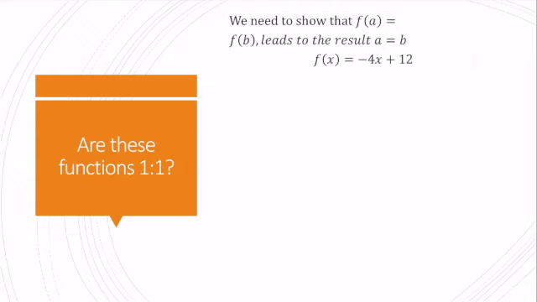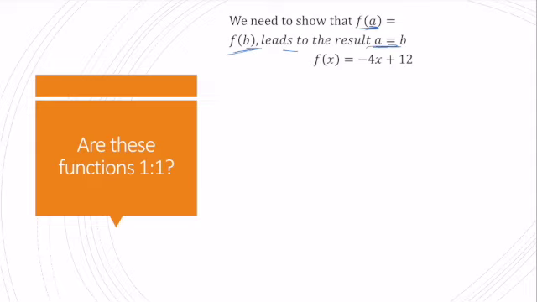So, in order to show that a function is one-to-one, we need to prove that if I substitute two values into a function, f of a and f of b, it's going to lead to the result a equals b. That's the way you prove functions are one-to-one.